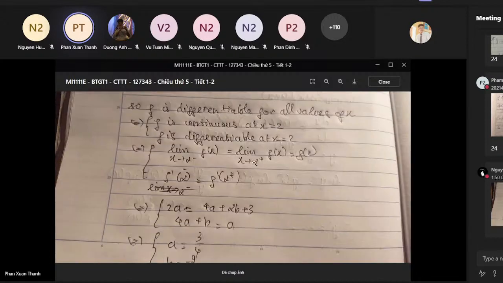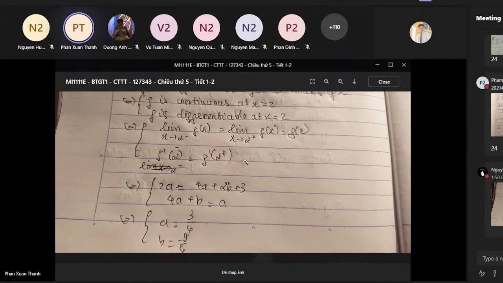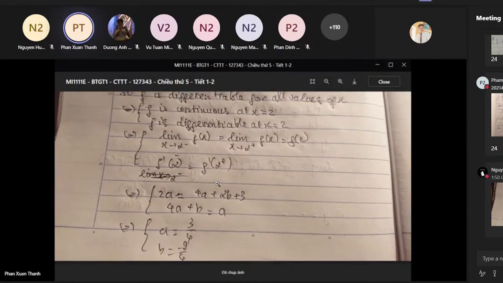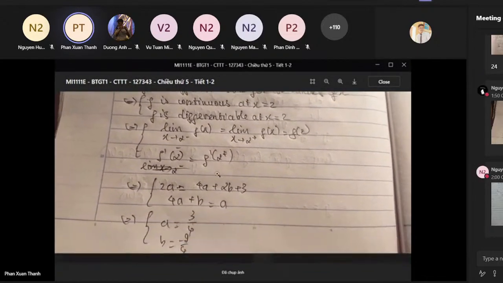So it's only for the... okay, as I said here, we should give a reason, more detail about the left hand derivative and the right hand derivative. Why the left hand equals a and the right hand equals 4a plus b. Okay.